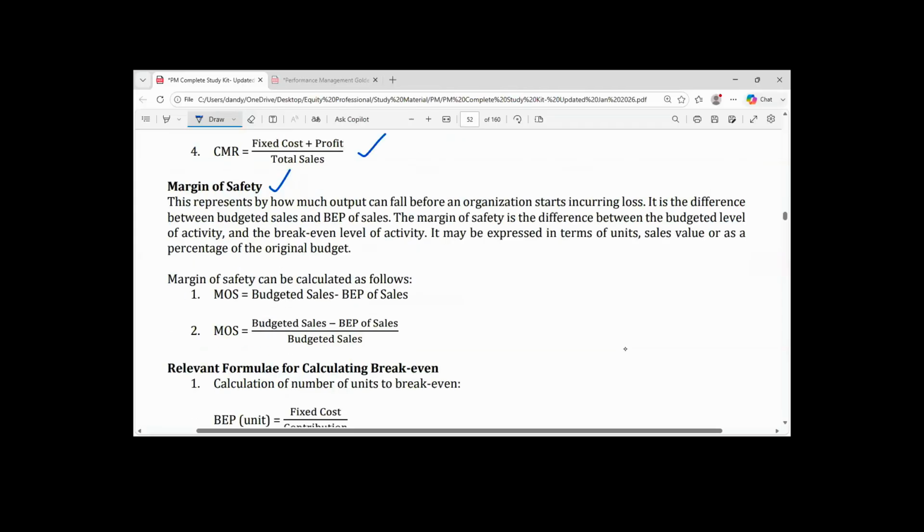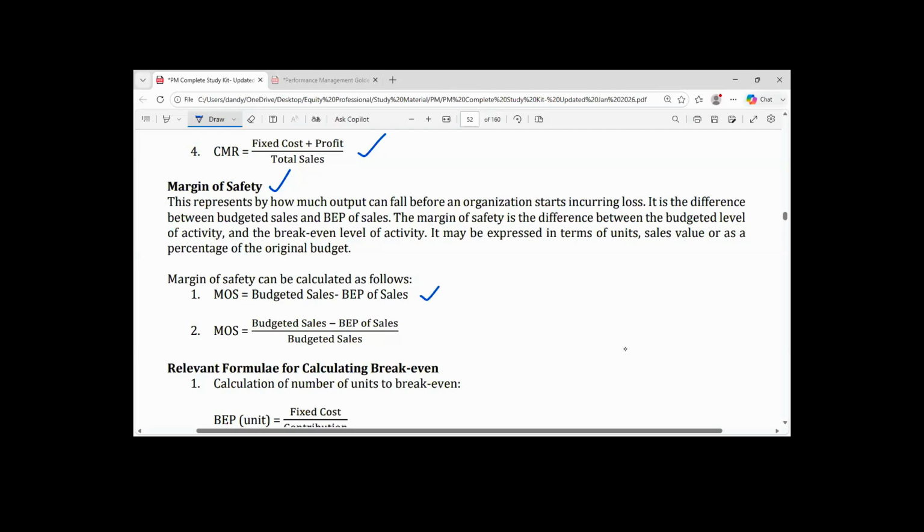There are three different formulas that you can use, depending on the requirements. If the examiner is asking you to calculate margin of safety, and in the question you are only given sales value, and you have already calculated break-even point of sales, then the difference between budgeted sales and break-even point of sales will give you the margin of safety.